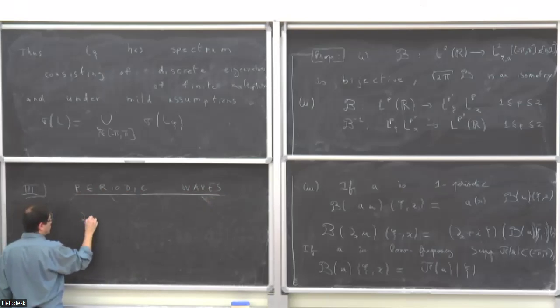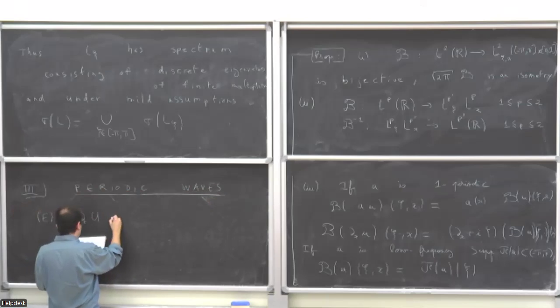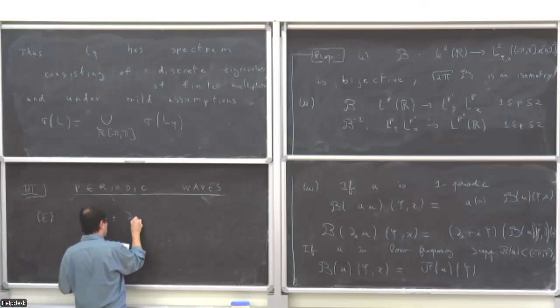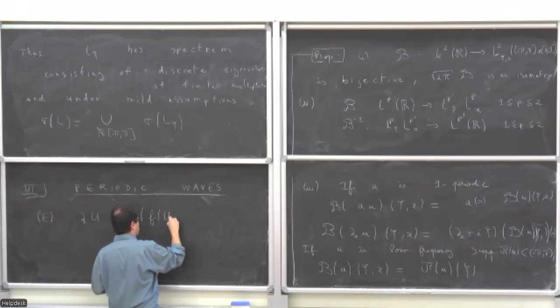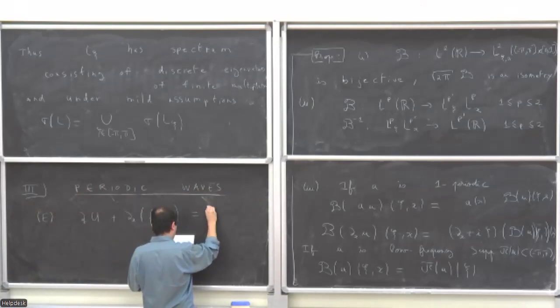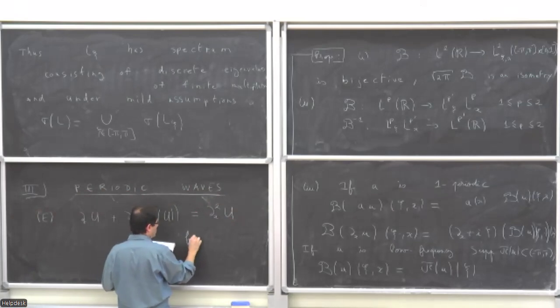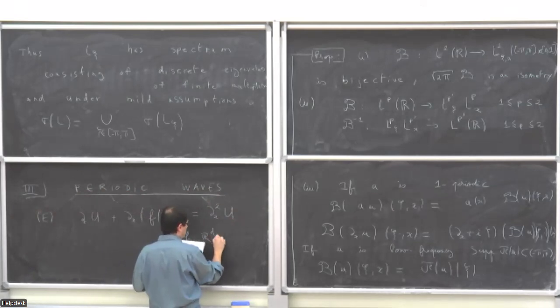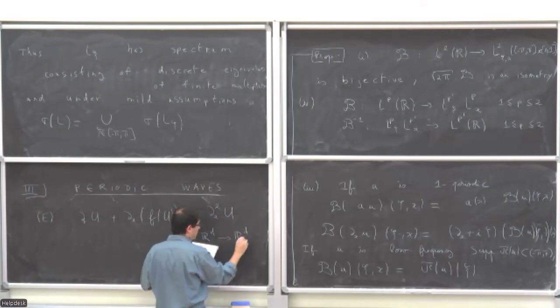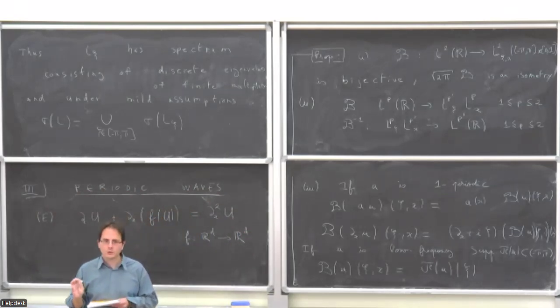Take one example. A hyperbolic system of conservation laws. That's a bit like the Burgers case I've shown you before.